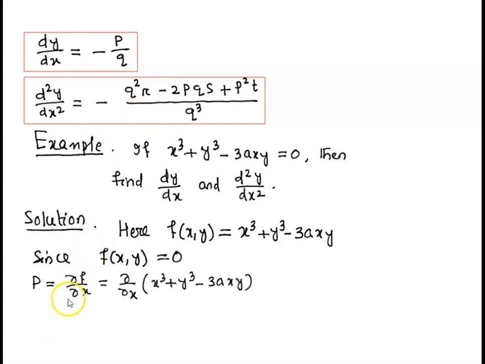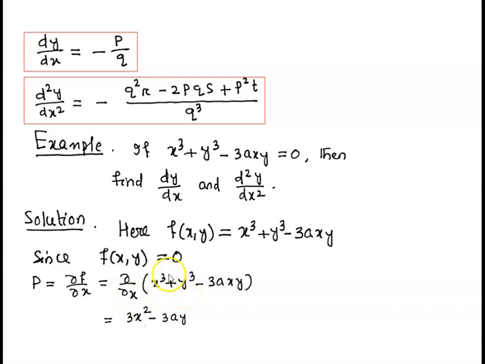Now our p is equal to the partial derivative of this function f with respect to x. So the partial derivative of the function x cube plus y cube minus 3axy with respect to x is 3x square minus 3ay, because whenever we find the partial derivative of a function with respect to x, we treat y as a constant.